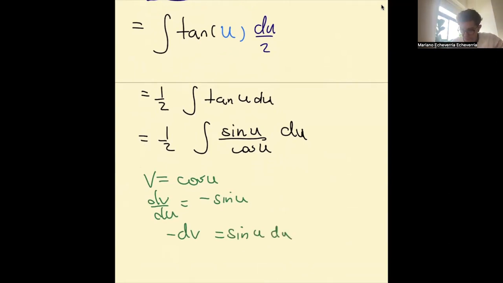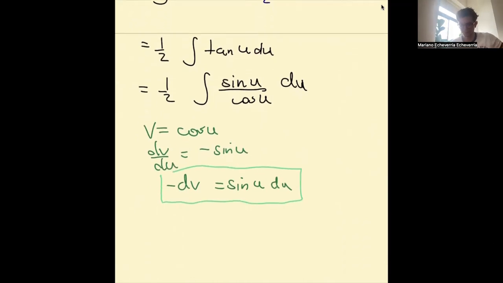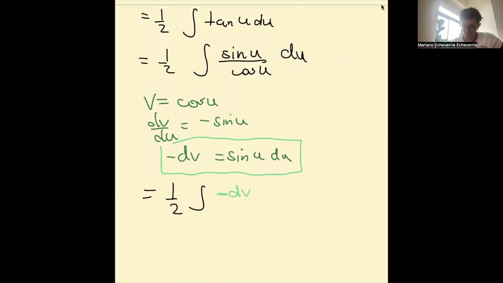If you do that, that's kind of the same substitution we did yesterday. You end up with 1/2 of sine of u du becoming minus dv, and cosine of u becomes v.